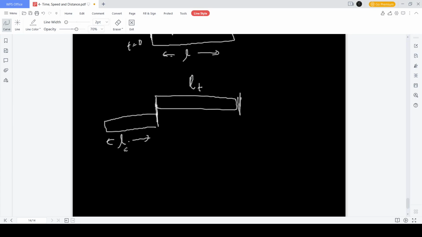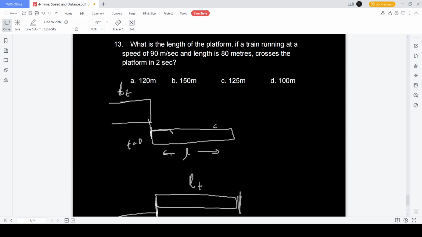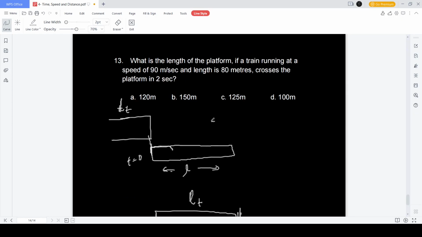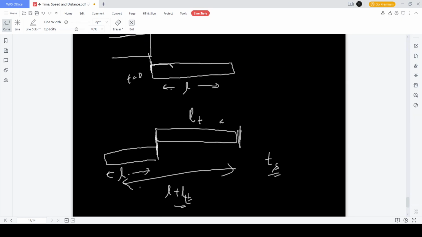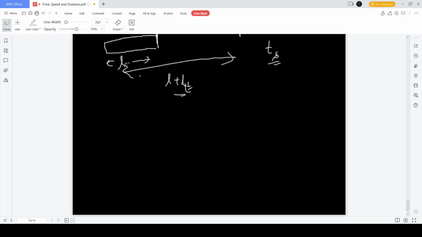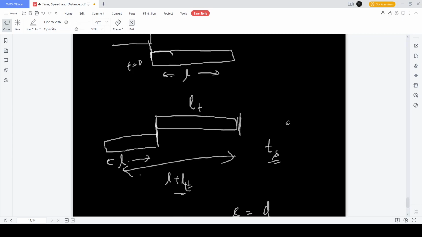So this is the setup where the length is L plus LT, and this is done in t seconds. Fine, this is what we have to find out. We'll consider the length of the platform as x, or L, we'll just keep it as L, okay. So here we use the formula, speed is equal to distance by time, same formula.